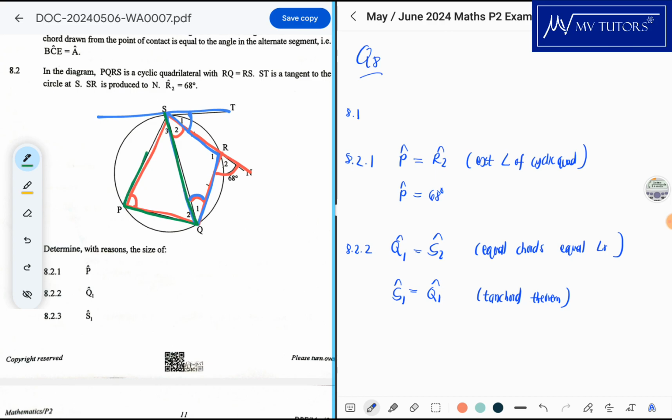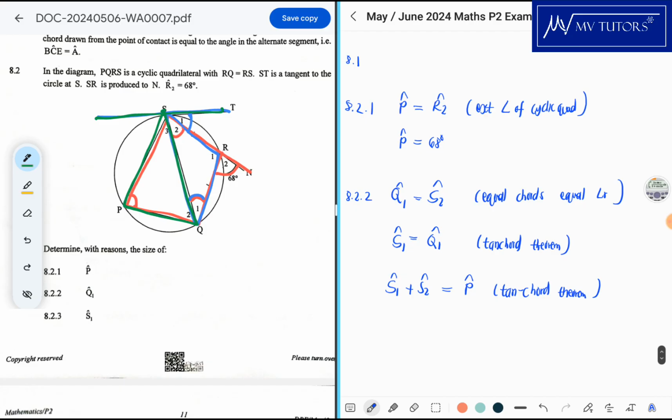Okay, bear with me here. There's the tan chord. So basically S1 plus S2 is actually equal to P. All right, and that is also because of the tan chord theorem. Okay, and we know that P is 68, and we're looking for S1. No, we're looking for Q1 actually.